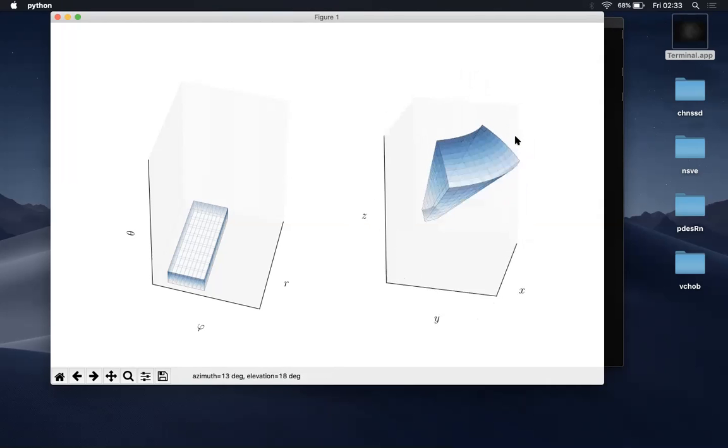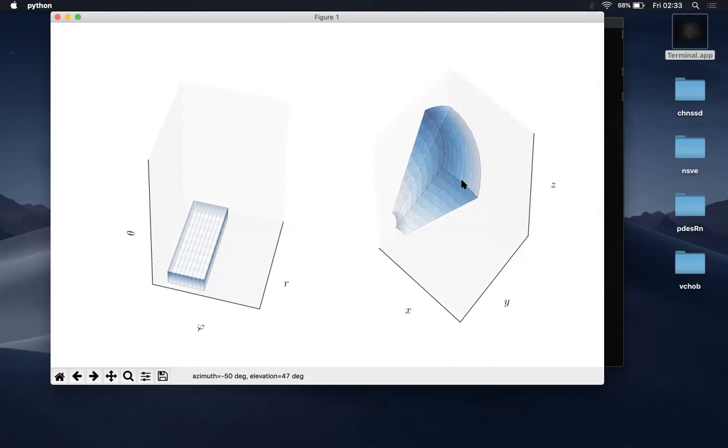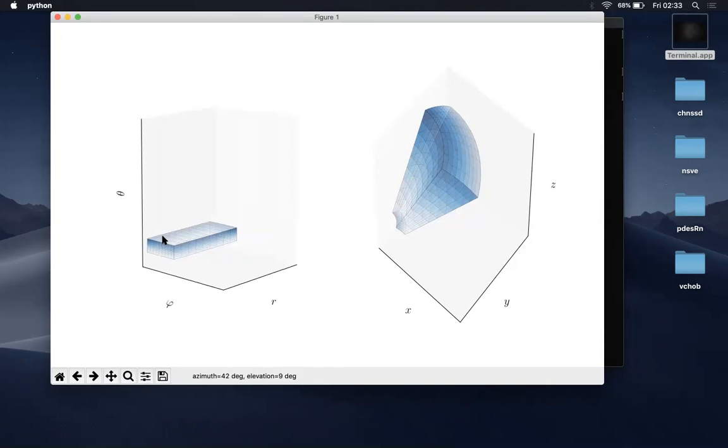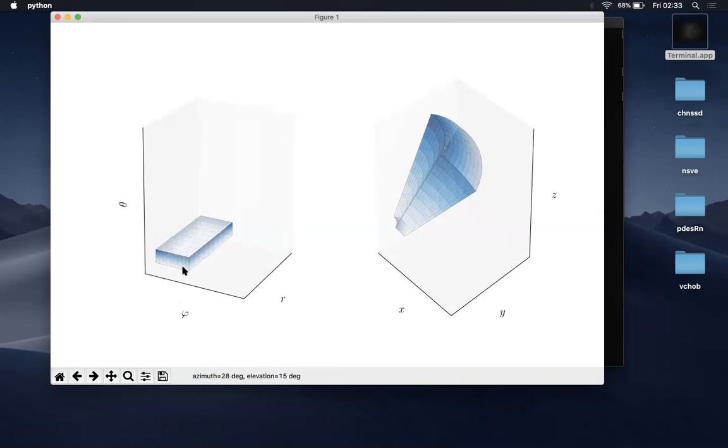So spherical coordinates transform integration over such domain, in other words, such portions of a sphere, again into a prism. So here you have now from x, y, z Cartesian coordinates into r, phi, theta spherical coordinates, again simplifying the integration over this complicated domain into a simpler domain, which is the prism.